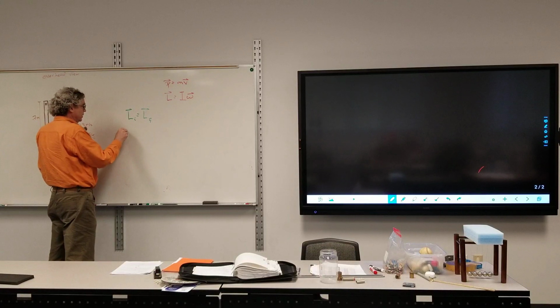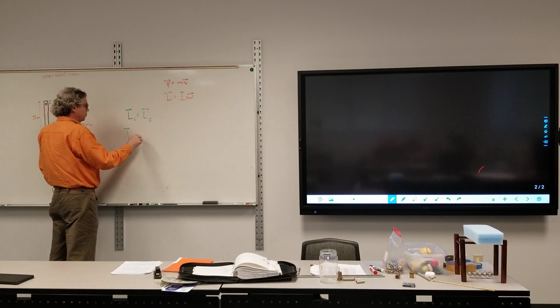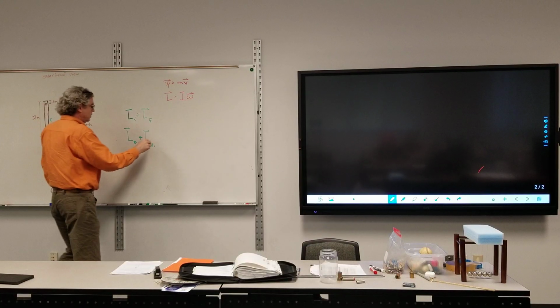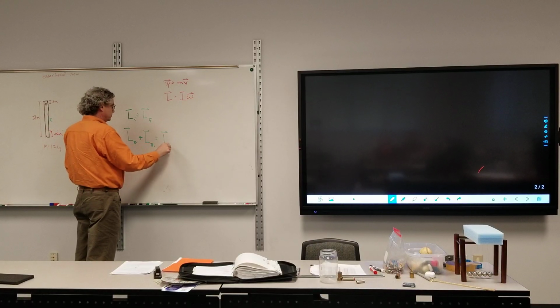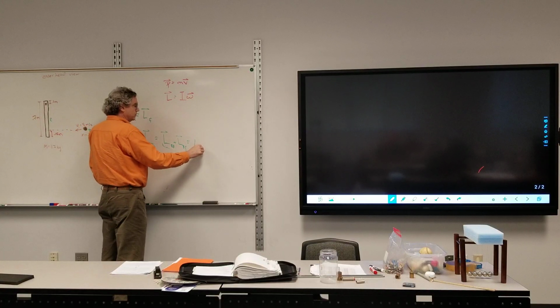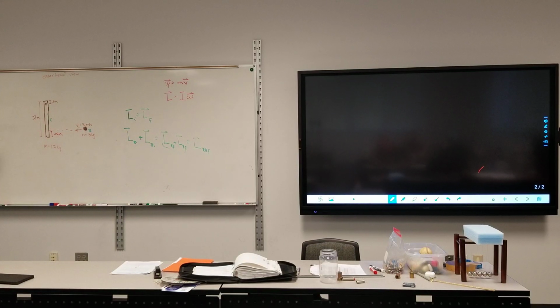So this would be L of the bar, I'll use R for rod, initial, plus L ball initial, is equal to L rod final plus L ball final. Or we could combine those into L rod-ball final, since the ball is going to stick to the rod, it is just one object.